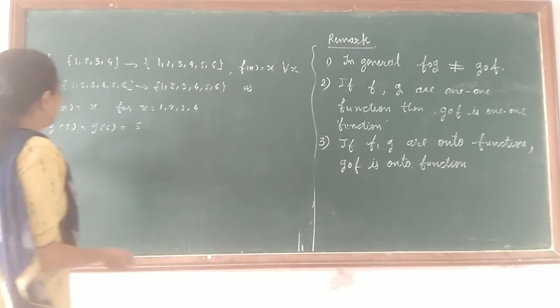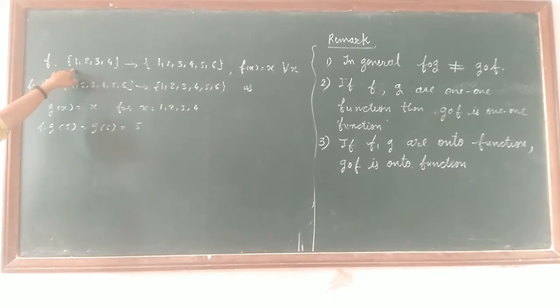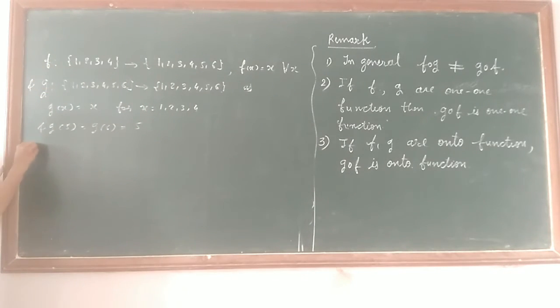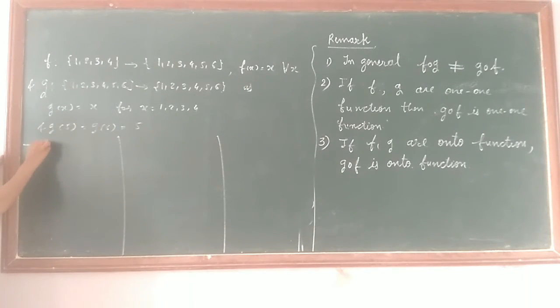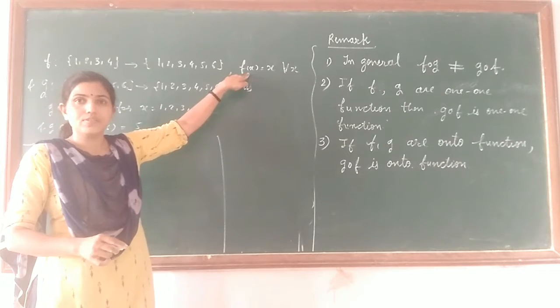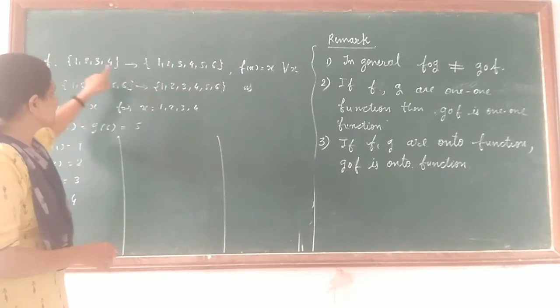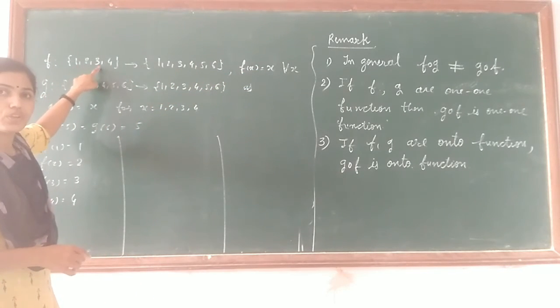So now let me see here. For f, I can rewrite it. f of 1 is equal to 1, f of 2 is equal to 2, f of 3 is equal to 3 and f of 4 is equal to 4. Why? Here f of x is defined as x for every x, so x is equal to 1, 2, 3 and 4.